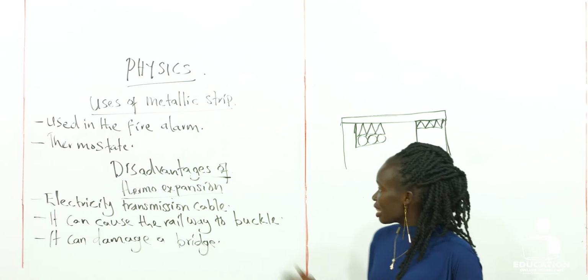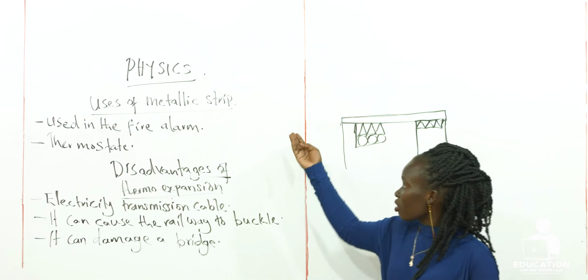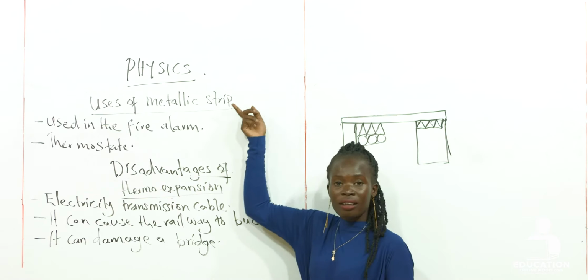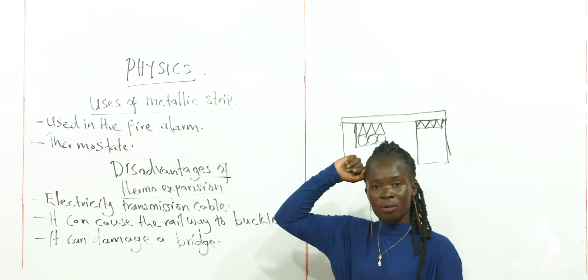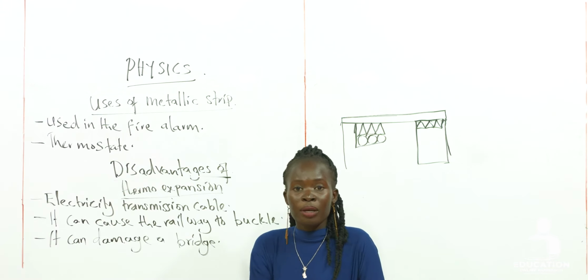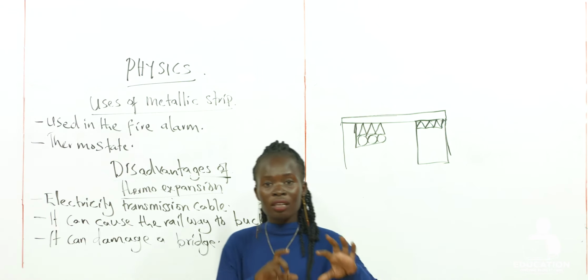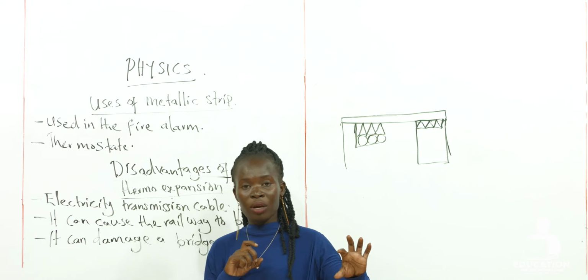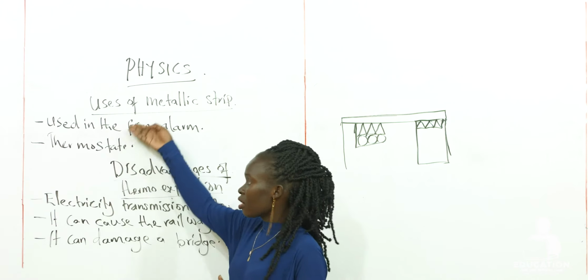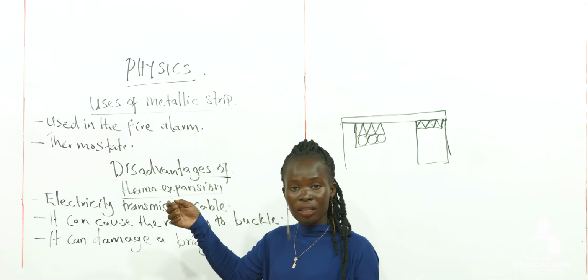So these are some of the uses of the metallic strip. Sometimes you don't get it as the uses of the metallic strip, but they will tell you applications. Application of what? Of thermal expansion. When someone tells you about application of thermal expansion, this is also the application in the thermostat.